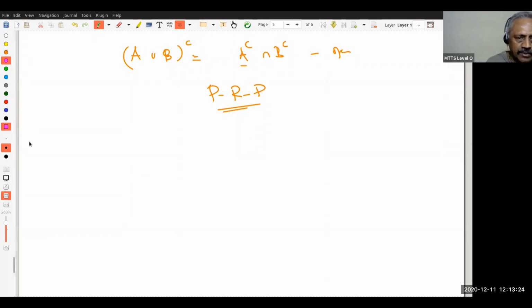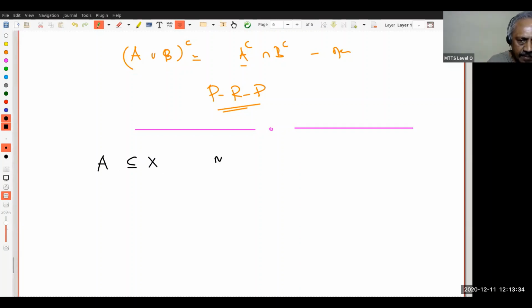So I want to introduce a new way of thinking. Okay, suppose I give a set A in a metric space X. What does it mean to say A is not closed? I want to understand this.